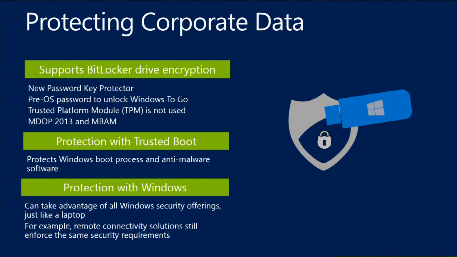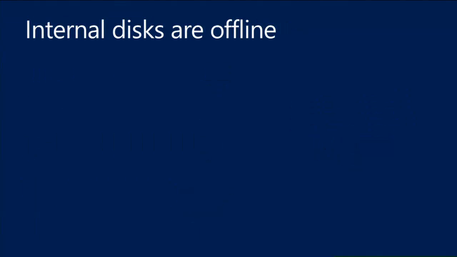Two-factor authentication works just like Windows. You would deploy it the same way you would on your established PC. Any of those pieces work the same way with Windows To Go as they would with Windows running from a hard drive on a primary PC.